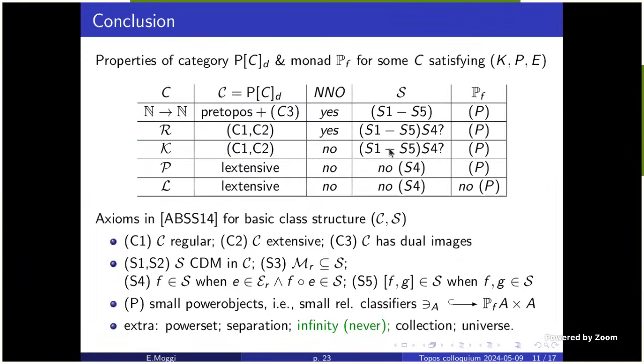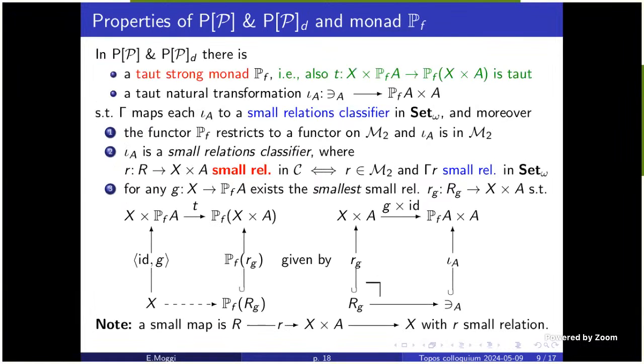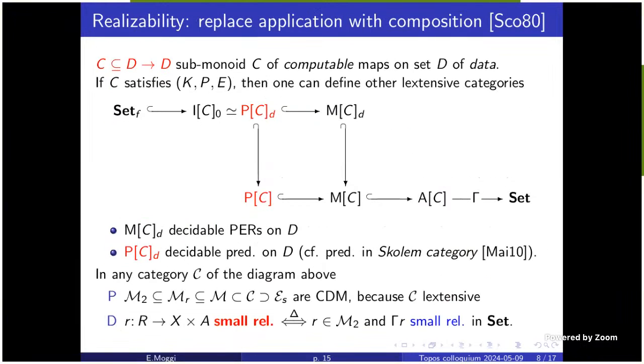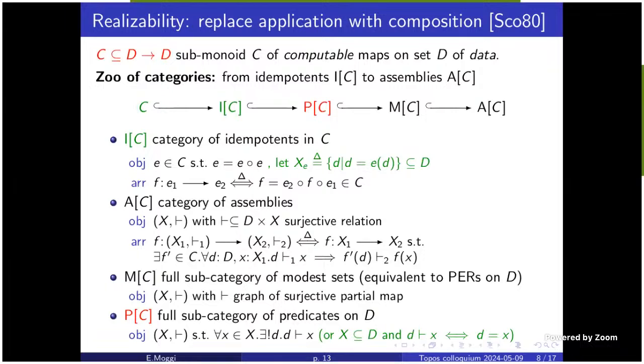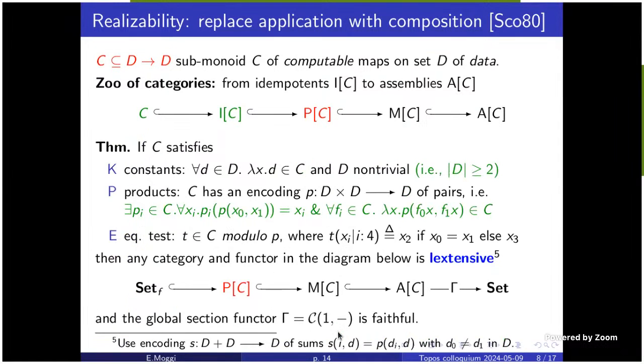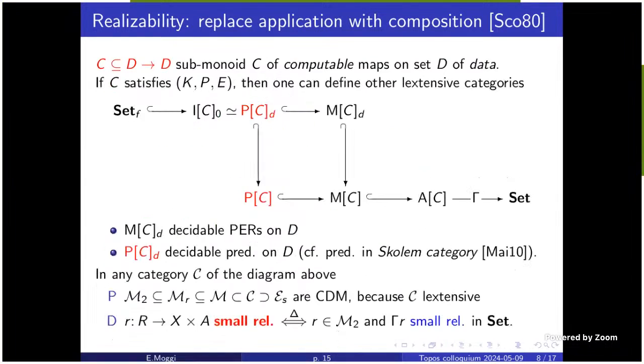Yes, so the sets that I consider, okay, so let me, yeah, so let's focus just on this category here. So let D be the set of bit strings, then, sorry, actually it's better to move to this one, decidable subsets.